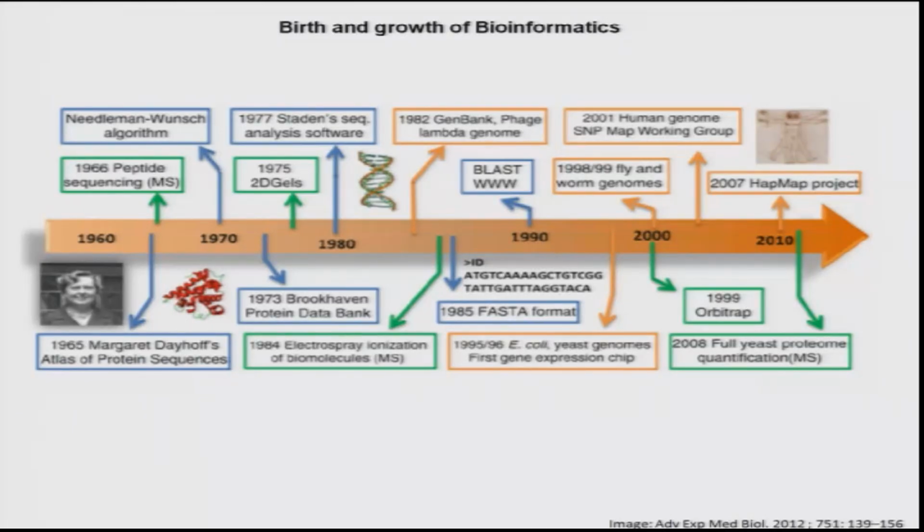And then of course you have 1982, GenBank and so on, and the first phage, lambda phage genome, was sequenced and so on. From there you have a wealth of data that is more of genomic, whether it is from Drosophila or human and so on.